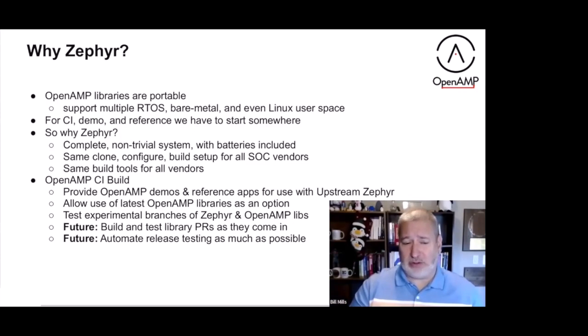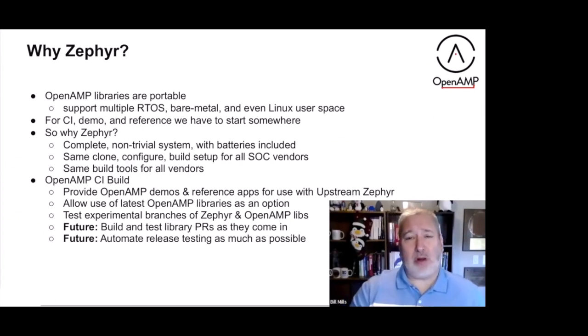The OpenAMP build. We provide an OpenAMP system reference repository where we have demos and a Zephyr manifest. So we can start building these Zephyr images by manipulating the manifest. We can test with upstream Zephyr or an experimental branch like the VirtIO branch, or we could just test the latest version of OpenAMP and libmetal before it's been adopted by upstream Zephyr.